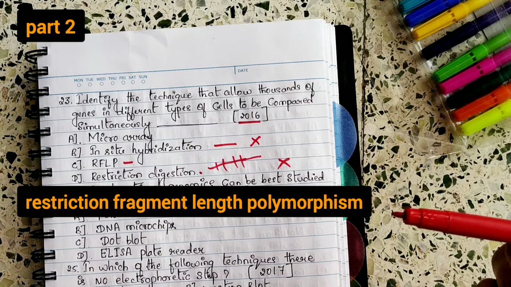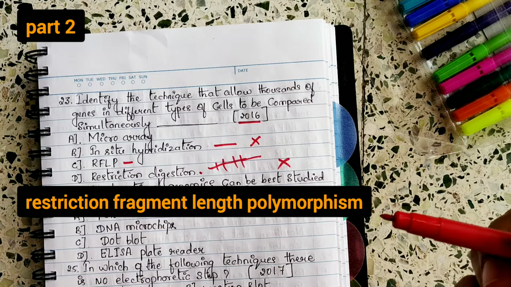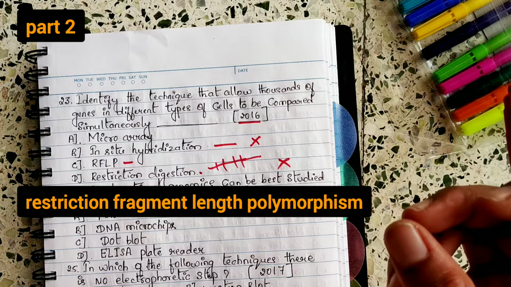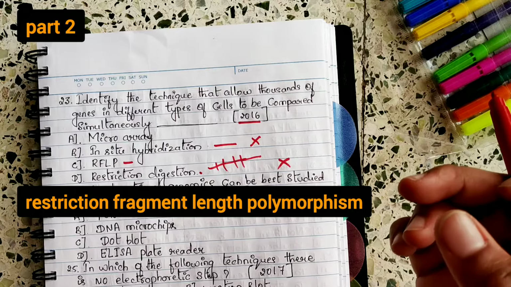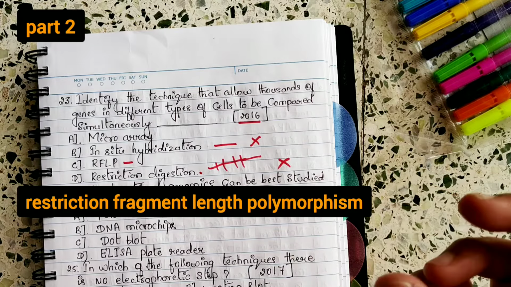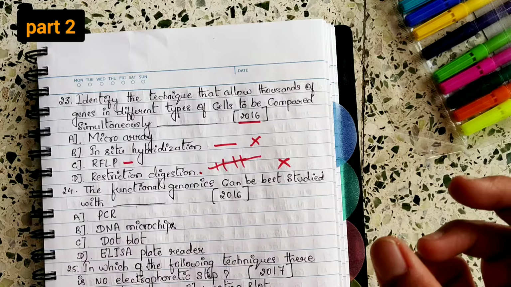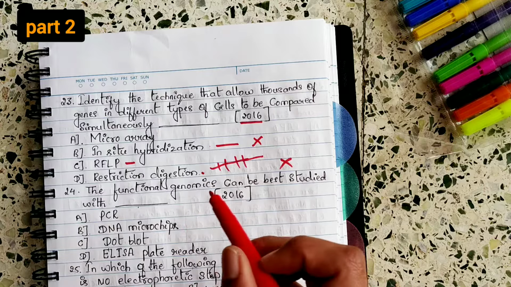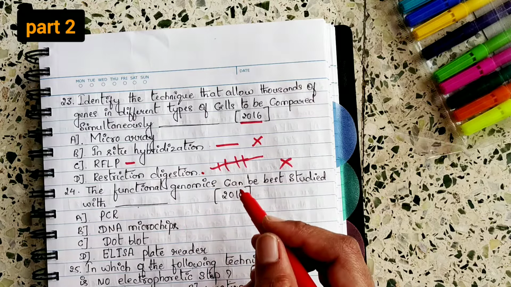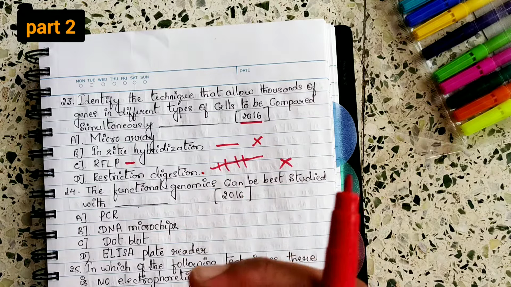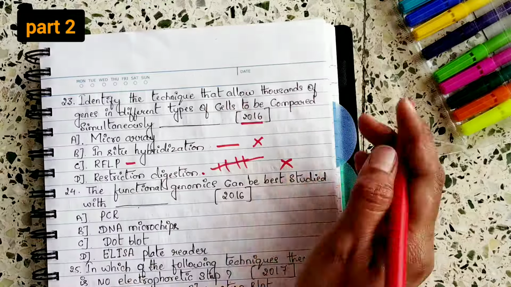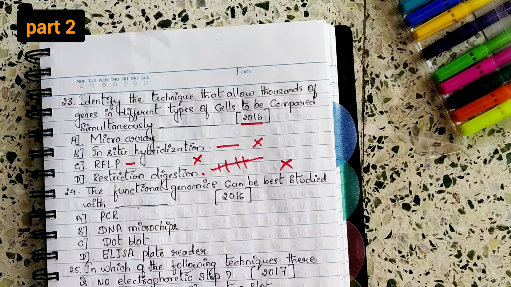We know that the DNA of each organism has specific sequences called restriction sites that can be cleaved by restriction endonuclease enzymes to produce fragments of different lengths. So this is not the one used to compare simultaneously. That's why this procedure is also not a correct answer.